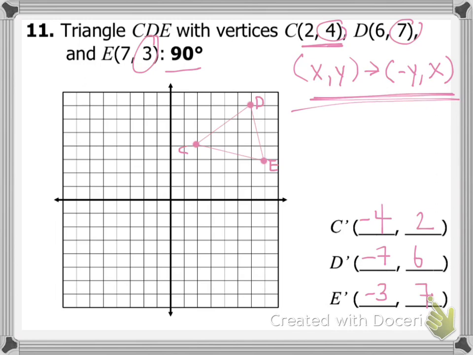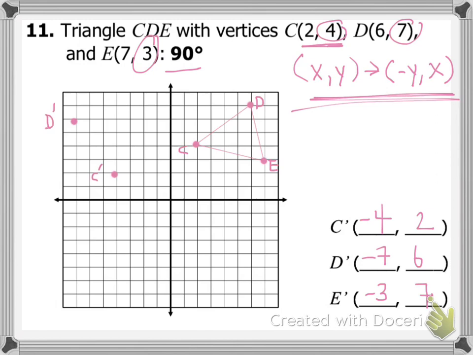Okay? So -4, 1, 2, 3, 4, up 2. So now that is your C prime. -7, then up 6. So that's your D prime.